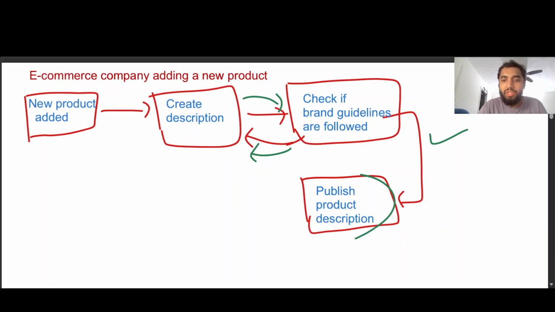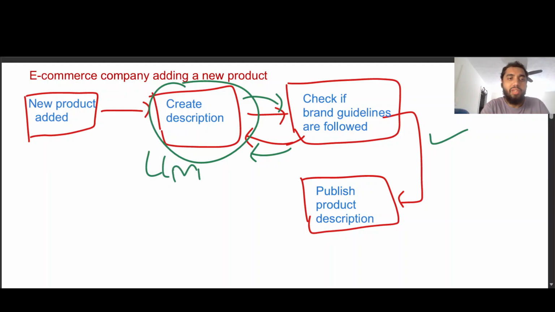So if you want to turn this process into an AI workflow, you could use an LLM here to create a description based on product information. And you could also use an LLM here to check if all the rules of the company are being followed in that particular description. Typically those would be separate LLMs.